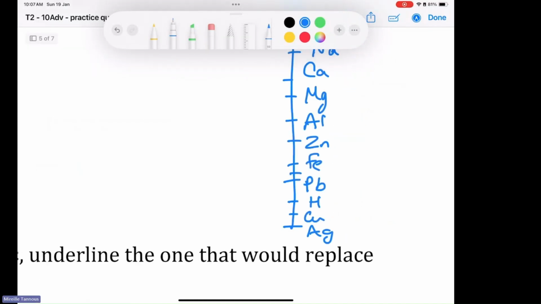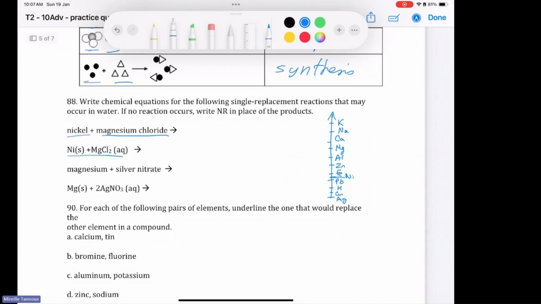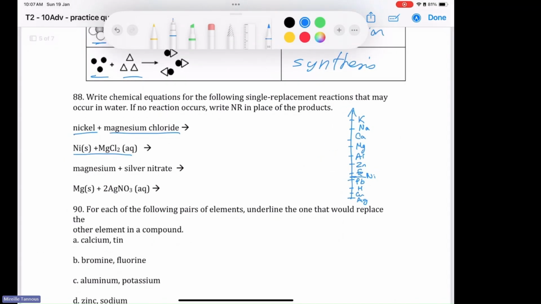I checked another table from online. Nickel is here. So in this question, can nickel replace magnesium? No. Can magnesium replace silver? Magnesium is over here, silver is over here. Yes.